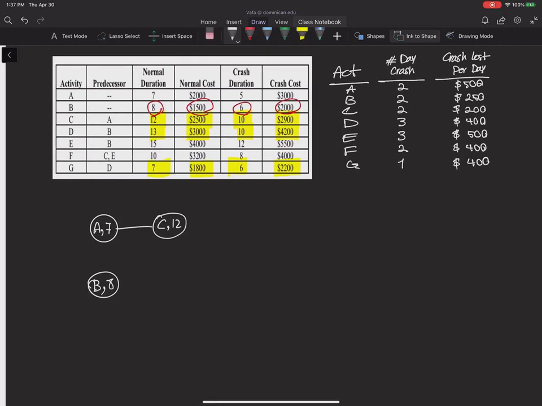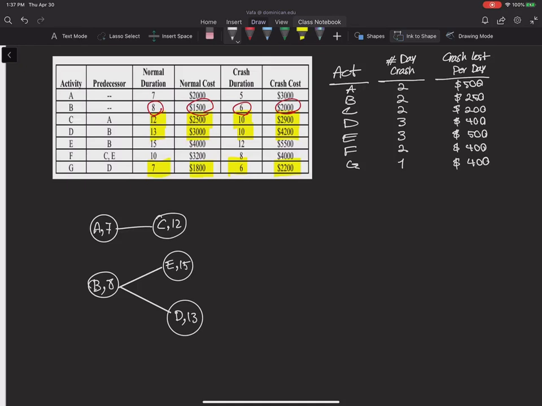Activity D and E both can start after activity B. So these are the two activities. Since F will start after C and E, I will write E up here, and the duration is 15, and then D also can start right after B, and the duration is 13.